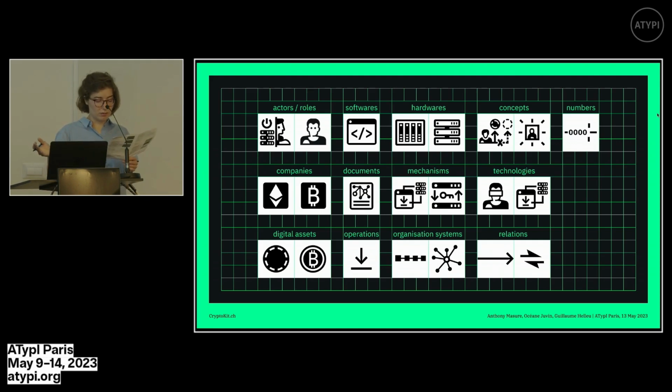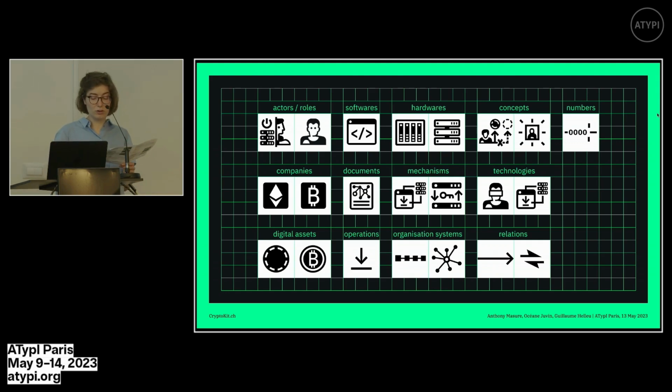So here you have 13 categories, and some of these elements were not on the first list that Guillaume and Anthony gave me, but they were hidden behind some concepts, and it was discovered that it was important to represent them to explain blockchain technologies, like for example hardware that you can see on the top.